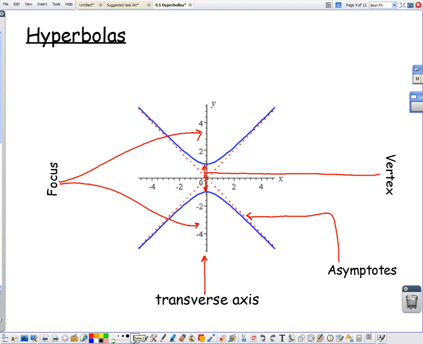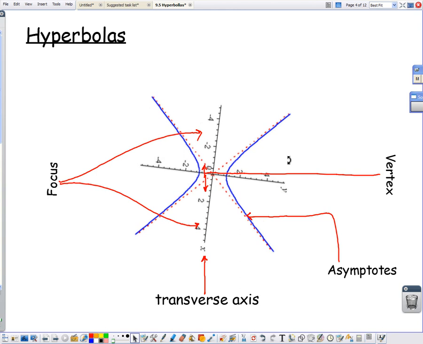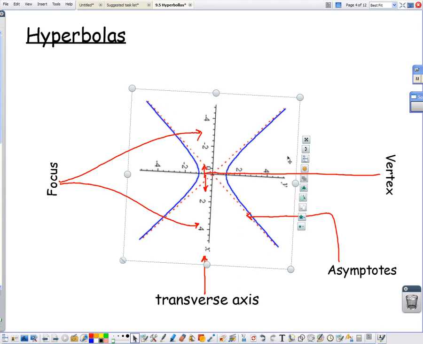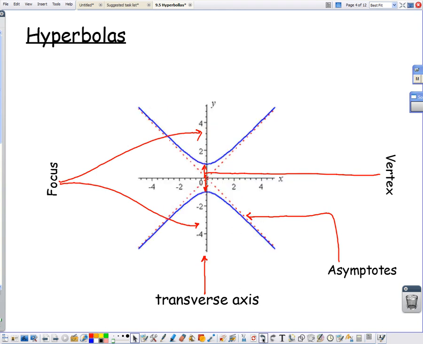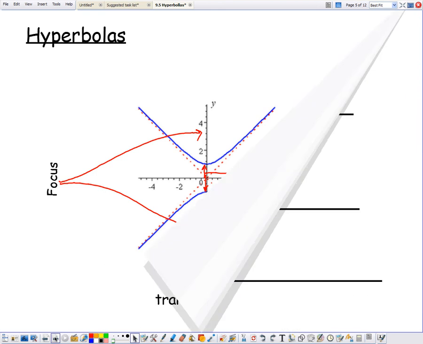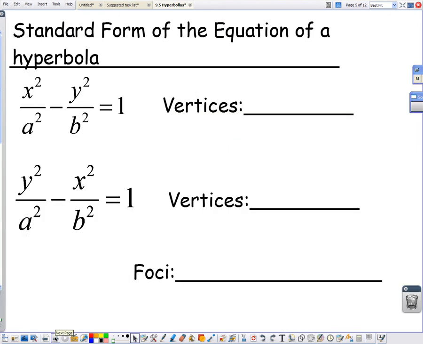Now, just like when we did ellipses, or when we've done parabolas, these things can lie up and down like this, or we can turn them and they can lie sideways. The way that we're going to tell how they lie is by their formula. One thing you'll notice is that these formulas look very, very close to an ellipse. The only difference is these have a subtraction sign.